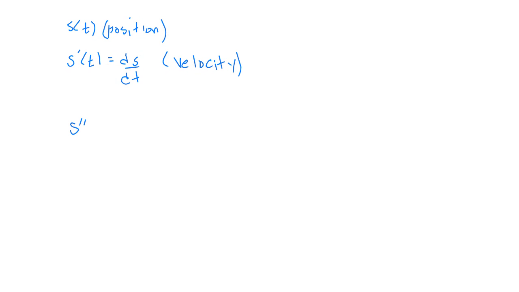Now, if you take the second derivative of position, which is the derivative with respect to t of ds/dt, in Leibniz notation this is written as d squared s over dt squared.